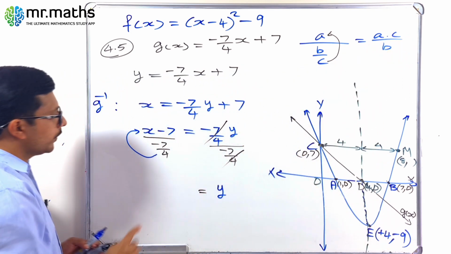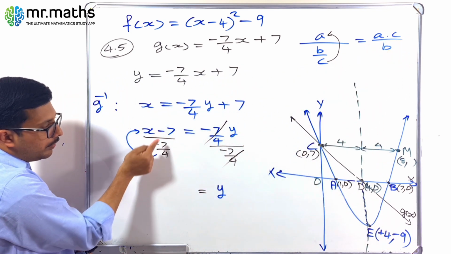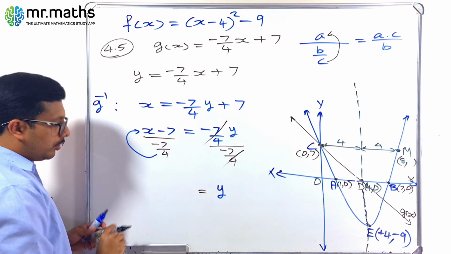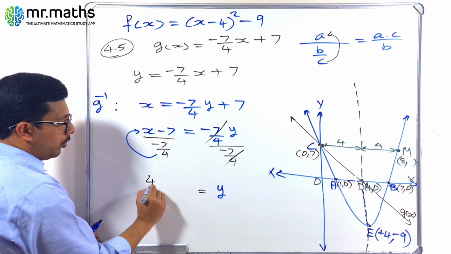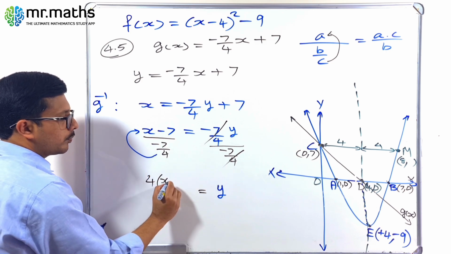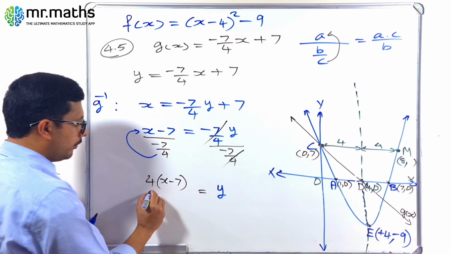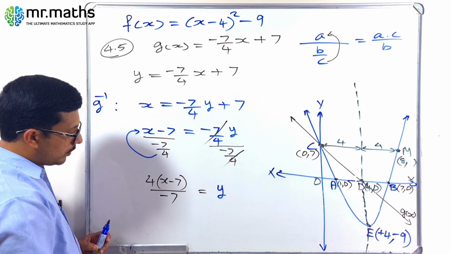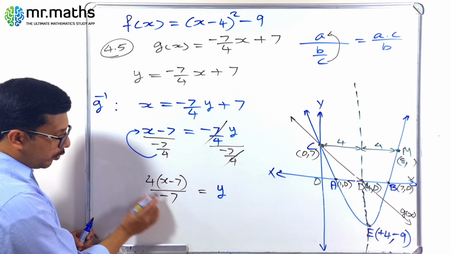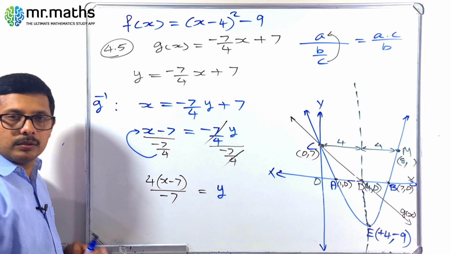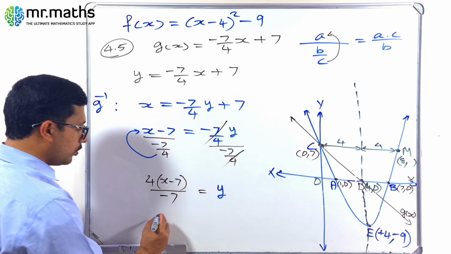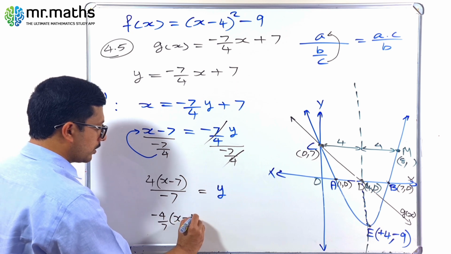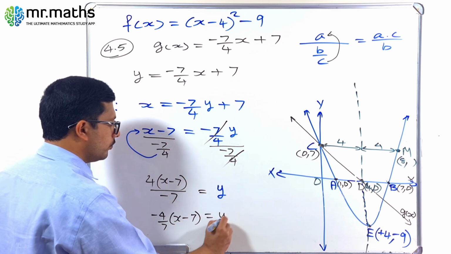Same thing here, so you must be careful: 4 bracket x minus 7, divided by minus 7. Now 4 by minus 7 is the same as minus 4 by 7. So minus 4 by 7 into x minus 7 is equal to y.